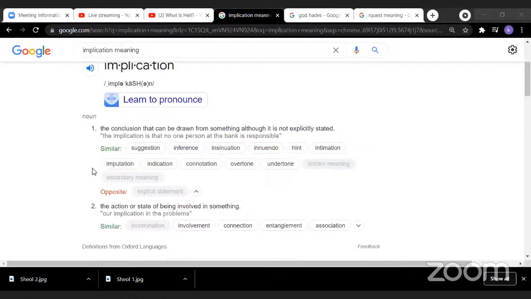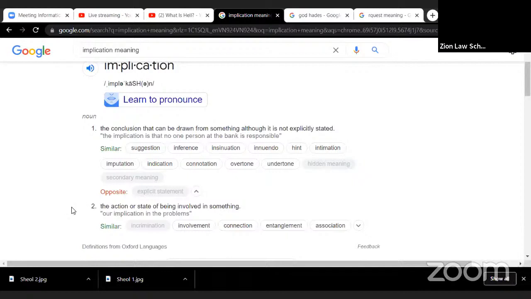Opposite: the action or state of being involved in something. So the second definition is the action or state of being involved with something. So implication, again, is the conclusion that can be drawn from something, although it is not specifically stated.